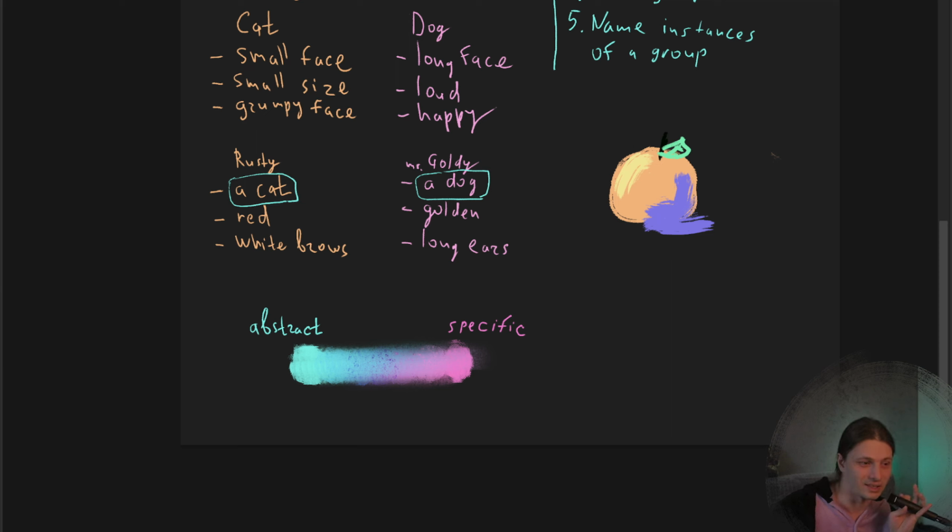But in other cases, we need all the specific stuff that we may find. Usually it's like in science, maybe in medicine, or this kind of serious important stuff.